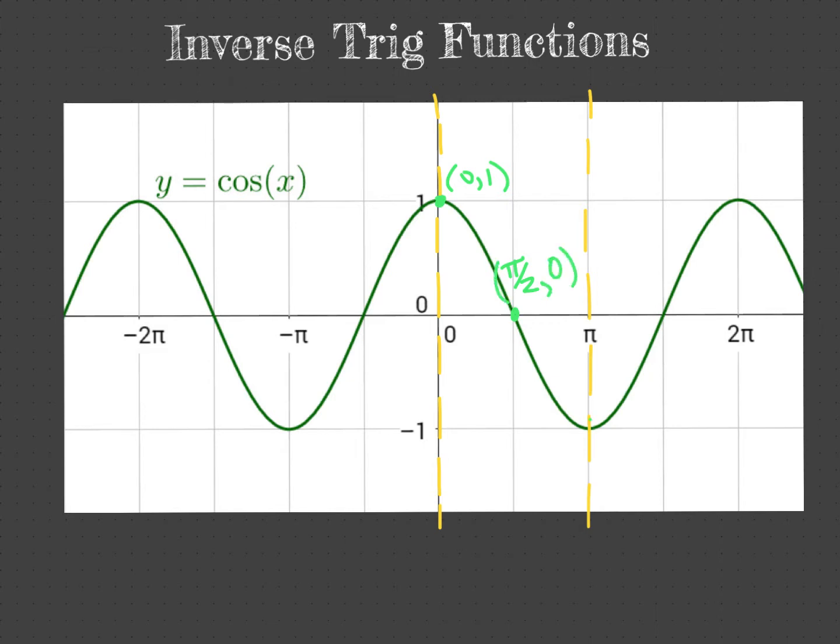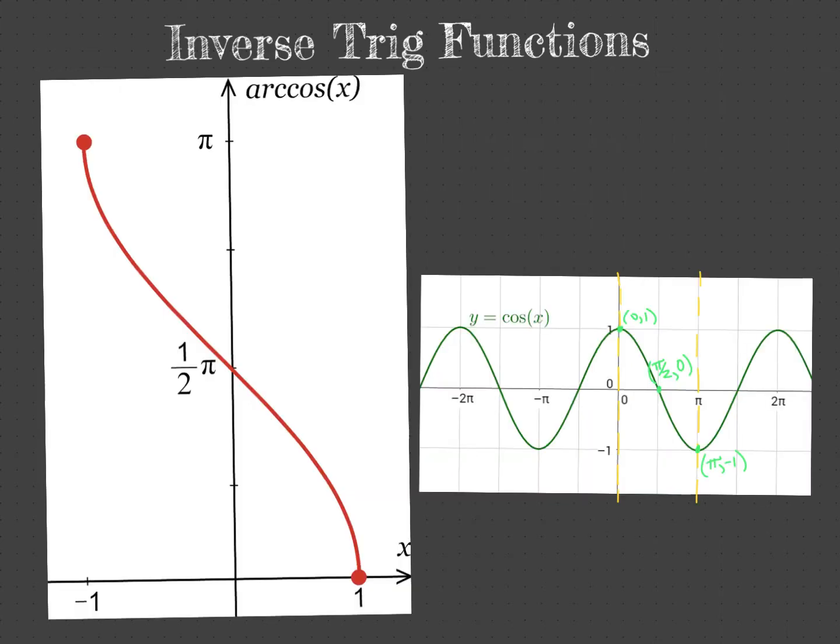And this last one down here is at pi, -1. So that means on the arc cosine function, which is its inverse, we will have the coordinate points 1, 0, 0, pi over 2, and -1, pi. Let's see what that looks like.